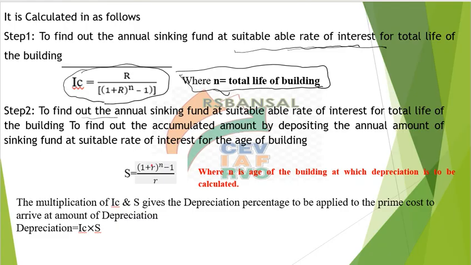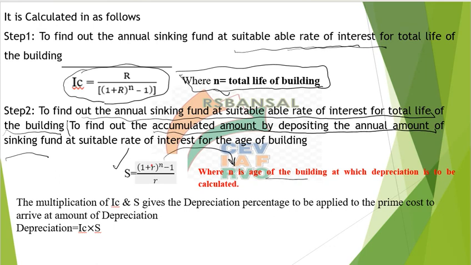So to find the annual sinking fund at a suitable rate of interest for the total life of the building, you have done it. Then, second, you have to find the accumulated amount by depositing the annual amount of sinking fund. So you find out the value of S, which is ((1 plus R) raised to power n minus 1) upon R. Here n is the age of the building. In the first formula, it is the total life of the building, because you have to accumulate a sum for the total life of the building.